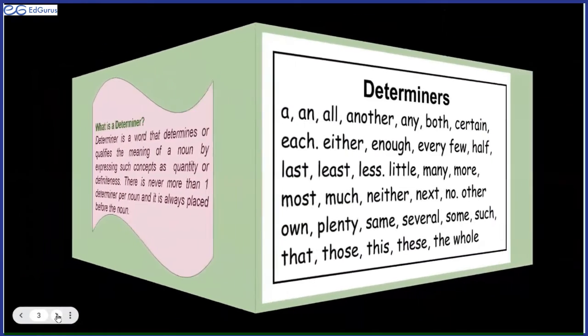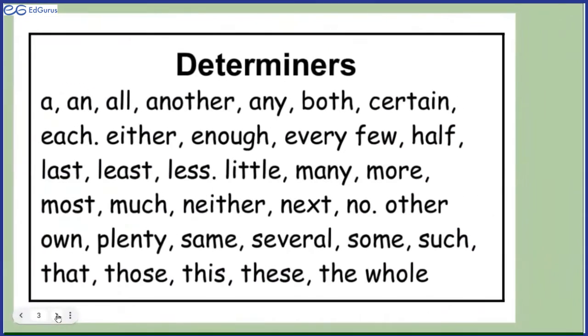Yes. Now these are the words. Look at these words. These are the words which are determiners. Can you see? Yes, ma'am. You're familiar with these? Yes, ma'am. A and the articles, all, least, little, many, more, most, much. These are what? Quantifiers, right? Then every, few, half, enough.